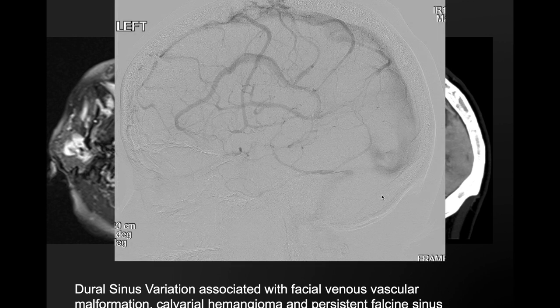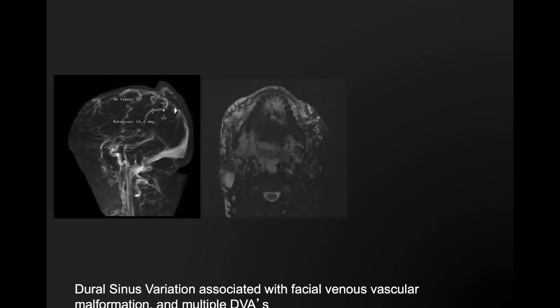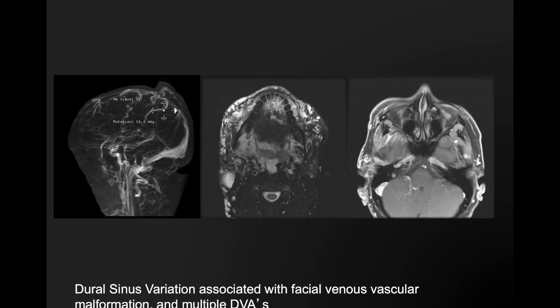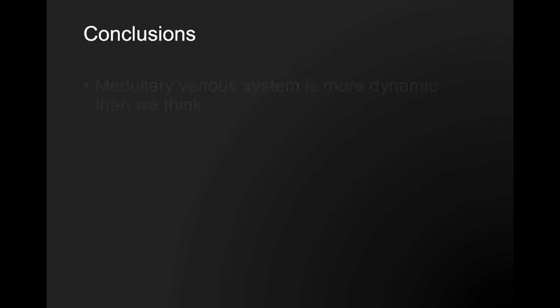And you can see here the contrast just kind of swirling and pooling in this area on this conventional angiogram. Here's another patient, multiple venous malformations, extensive, and then you can see here a developmental venous anomaly, and then this kind of ballooning appearance of the torcula. So it's definitely not normal, but it's of no clinical significance probably.